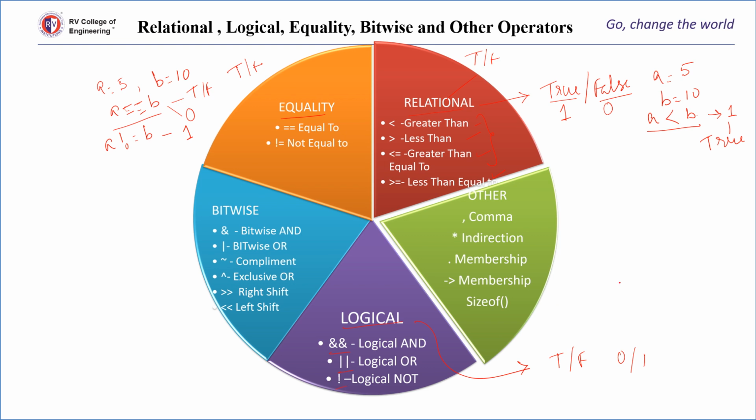Now here you have to remember one thing. If I have A equal to 5 and B equal to 6, a number whose value is not 0, whether negative or positive, is considered to be true.